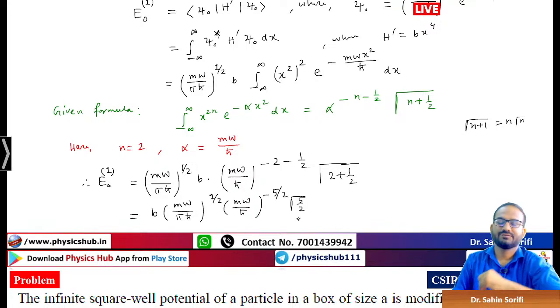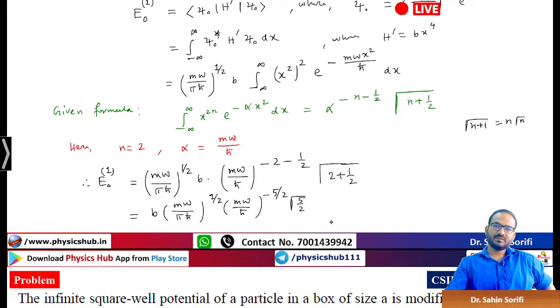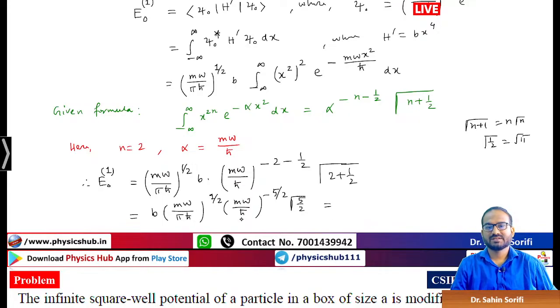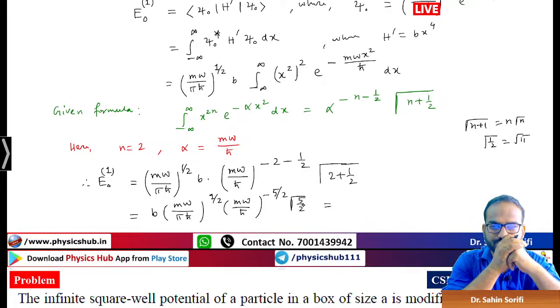So 5 by 2 means 1 plus 3 by 2, so gamma 5 by 2 is 3 by 2 gamma 3 by 2, and gamma 3 by 2 is half gamma half, and gamma half is equal to root pi. So you can use it in this way. (m omega by h cut) to the power half minus 5 by 2, how much?